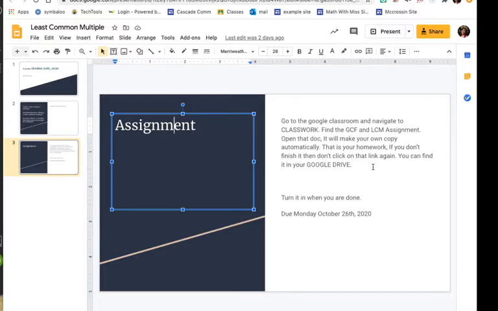It's your homework. If you don't finish it within one session, don't go back and click on it again, because it'll just make you another copy. When you open it the first time, it saves to your Google Drive, so the next time you want to find it, it's in your Google Drive. So let's go do that.